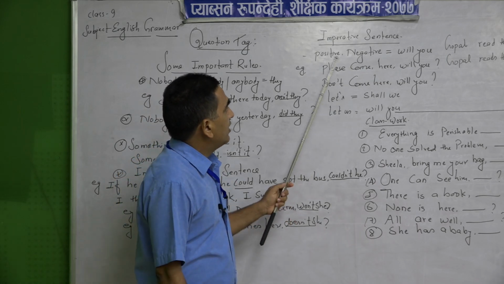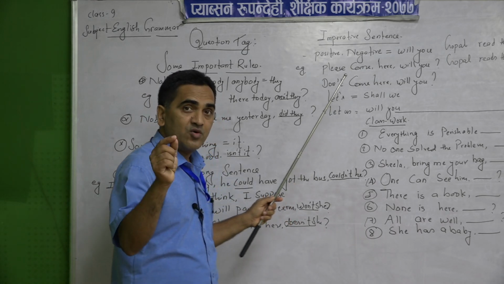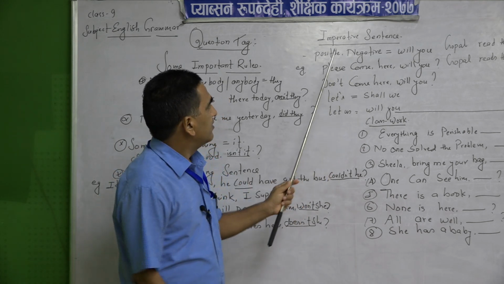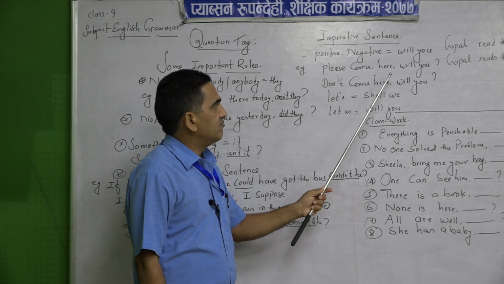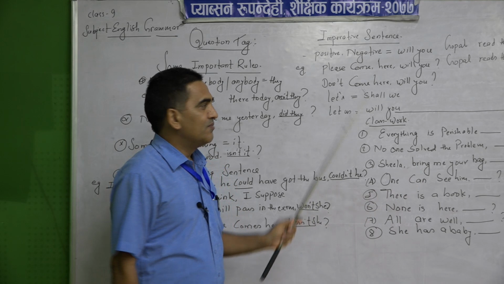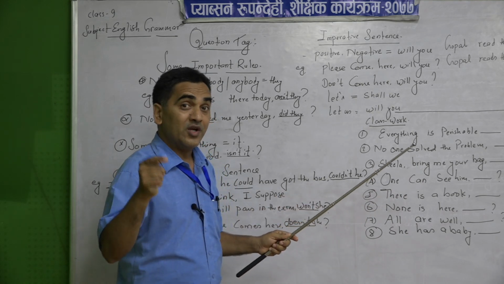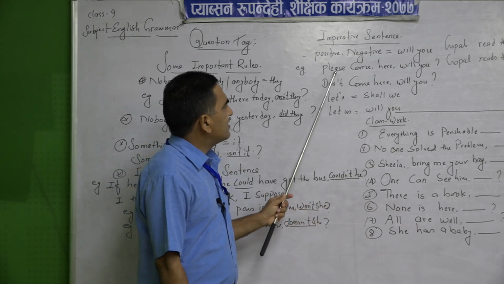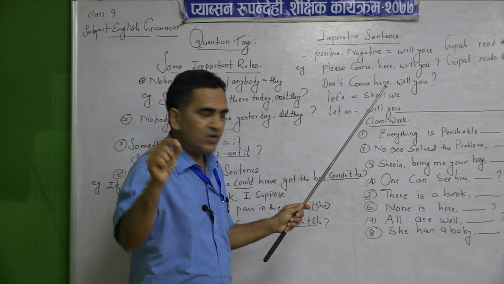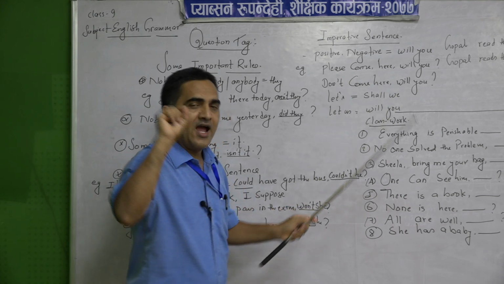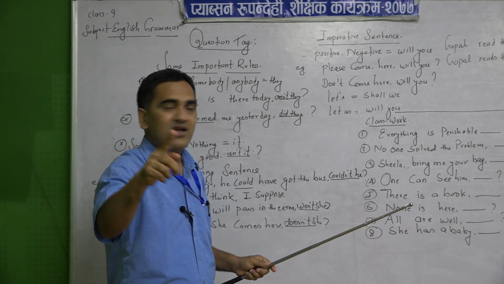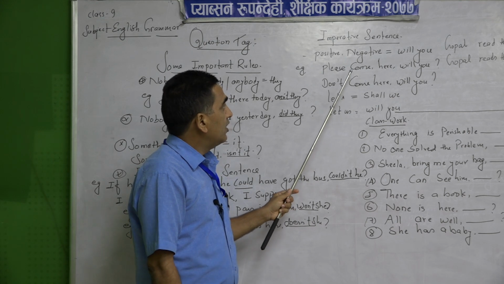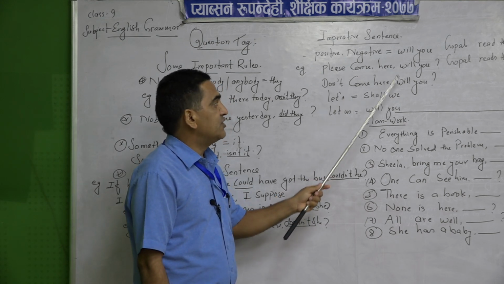In the case of an imperative sentence, you can write the question tag will you, either it is positive or negative. Just like: please come here, will you. Don't come here, will you. When the statement is positive, the question tag is will you. When the statement is negative, also the question tag is will you. Alright, don't be confused in imperative sentences. In both the sentences here we write will you.